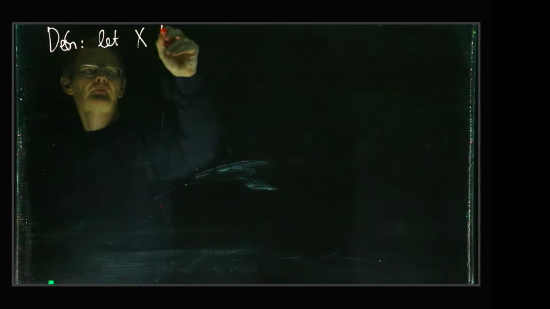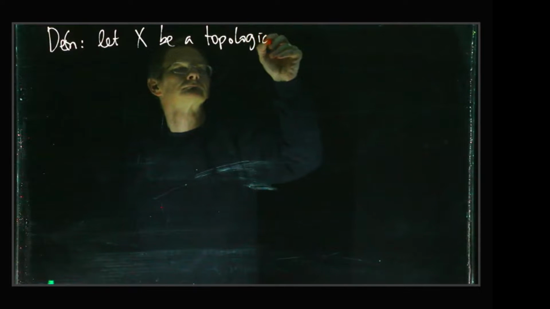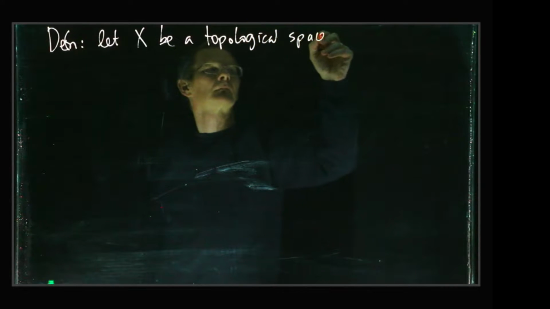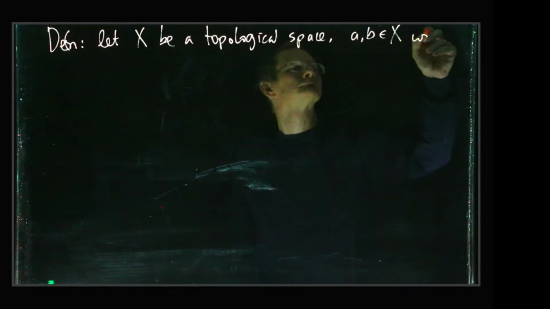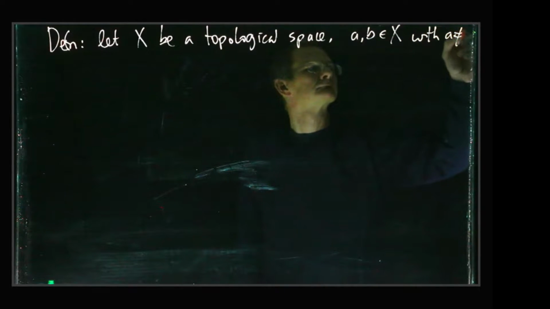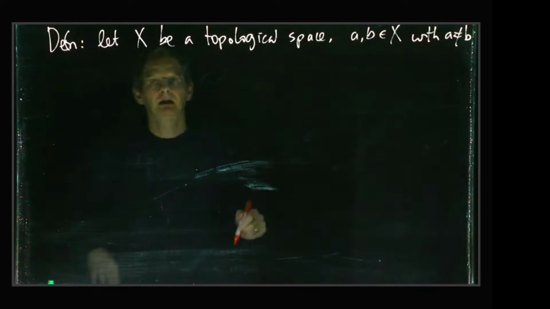So now let X be a topological space. We've got a topological space X with a pair of points A and B which are different.